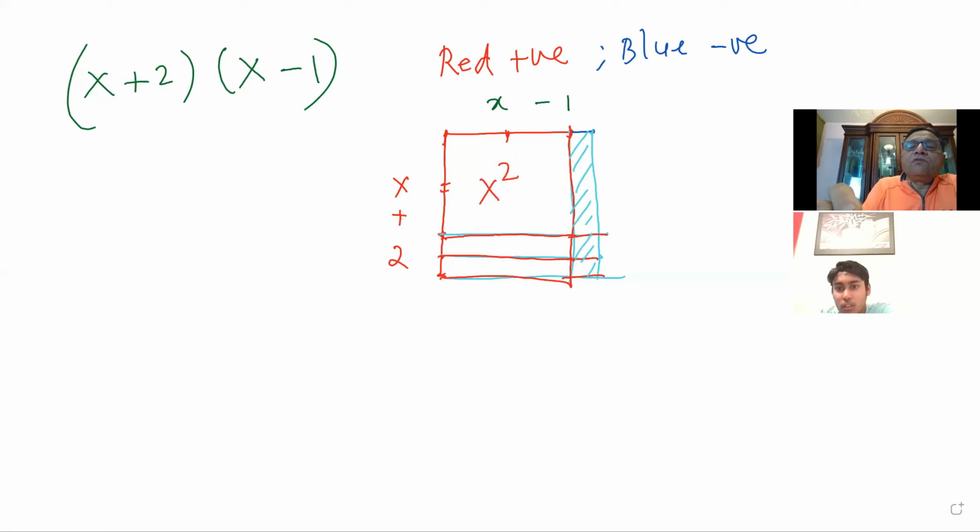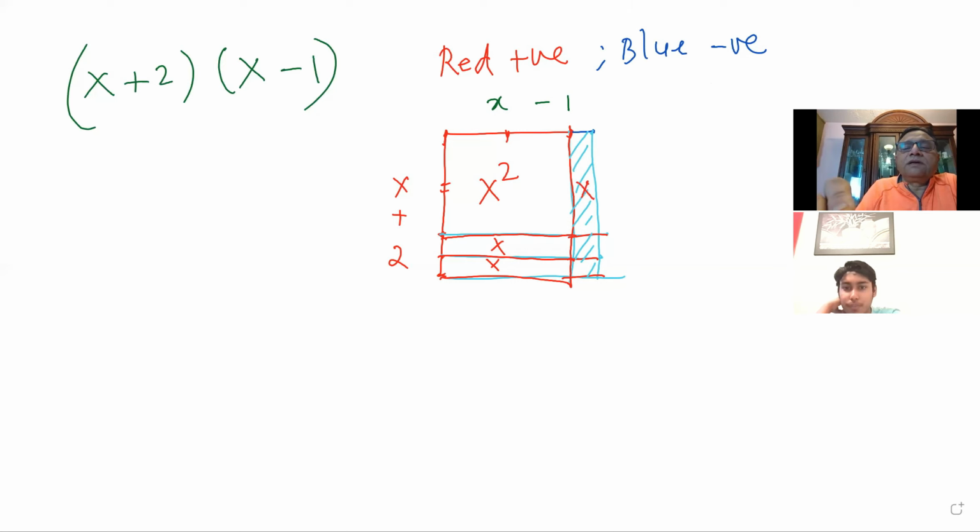So basically, what you get here is x, these are positive, and that becomes minus 2x, as this has become negative x.